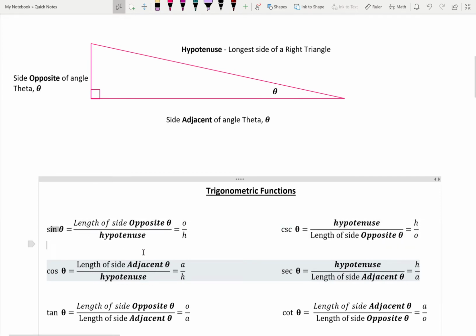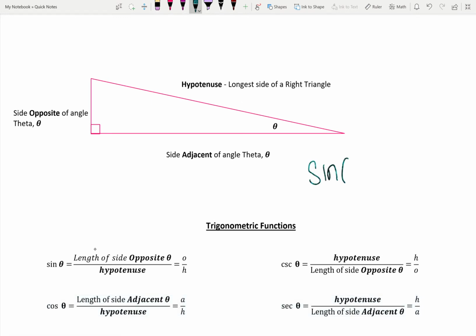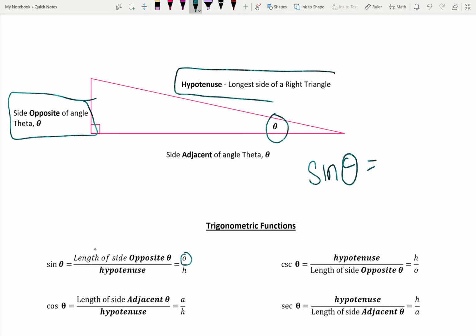If I take sine of an angle, theta, so if I take sine theta, this is equal to the opposite side of my triangle divided by the hypotenuse. So if this is my angle right here, theta, I'm going to take this side, the opposite side, and I'm going to divide it by whatever the length of the hypotenuse is.